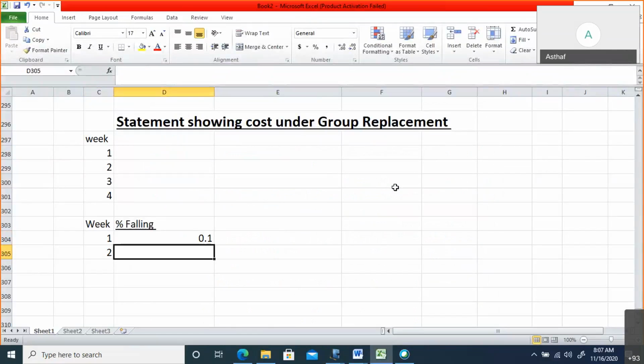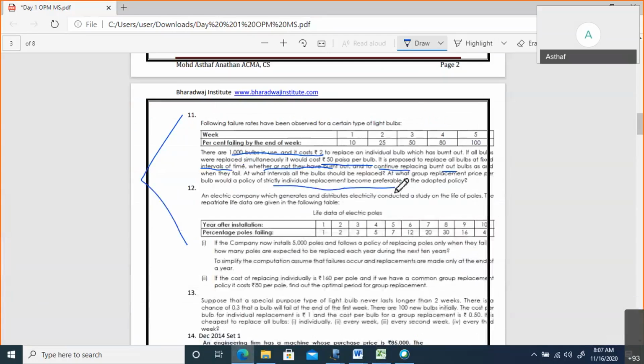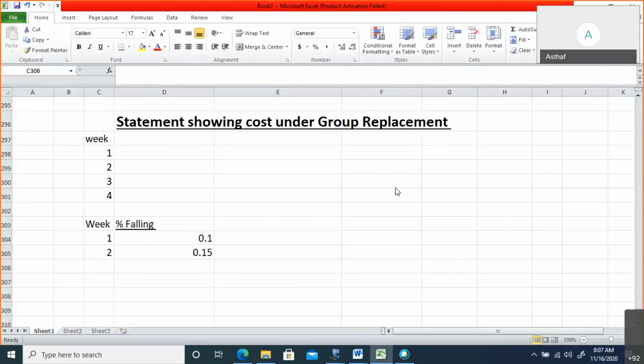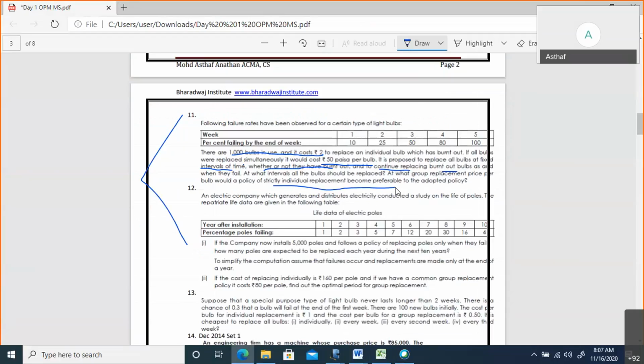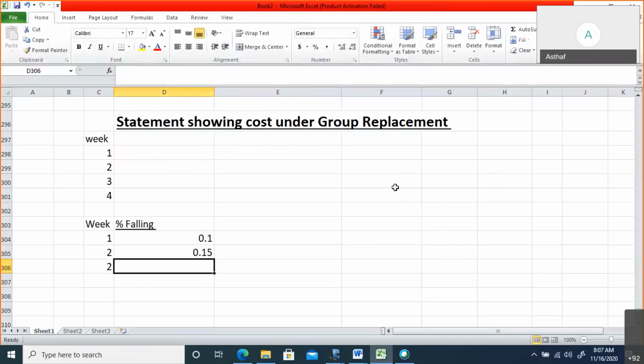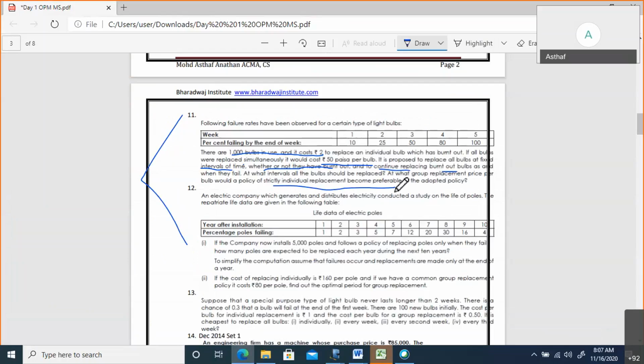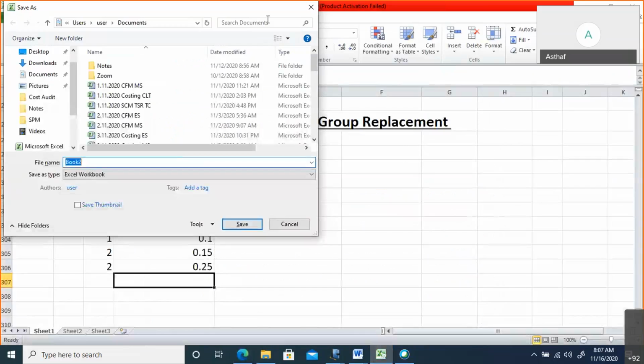The question has given cumulative values, so we have to take the split. Second week 15 percent, third week 25 percent. See how I am getting this: 25 minus 10 you will get 15, and the next difference you will get 25, because we need the week-wise values.